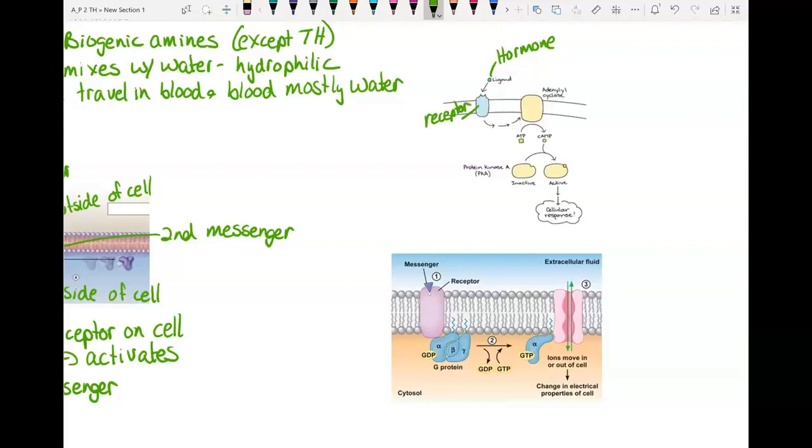These arrows show the second messenger being activated. Here you have an enzyme. The enzyme is inactive, or the enzyme is active. The second messenger activates the enzyme. So a second messenger can then activate an enzyme.